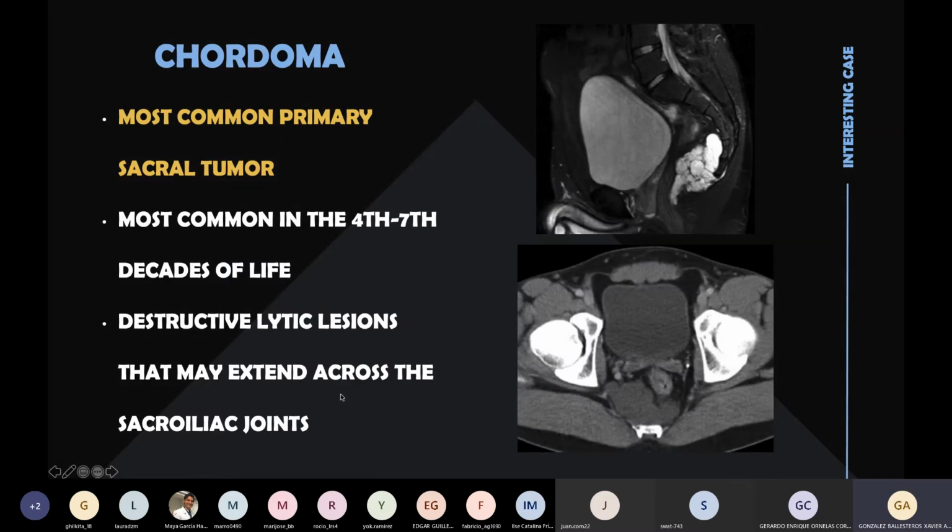Another presacral mass is chordoma, and they arise from the notochordal rests and are limited to the clivus, spine, and sacrum. They are the most common primary sacral tumor, and approximately 50% of chordomas occur in the sacrum and coccyx. They are most common in the 4th to the 7th decades of life, but they may occur in all age groups.